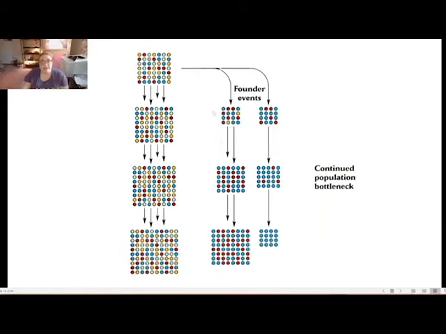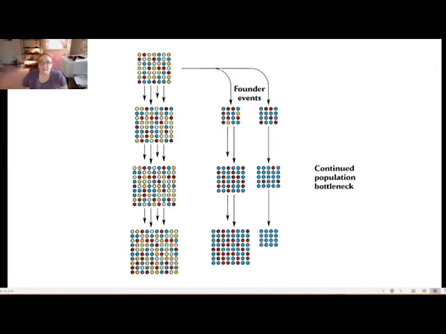Now that's not saying this is the only way this can happen. When these guys leave, let's say by chance all of the red individuals had left, then the original population would have lost all of their red individuals, and they would have lost some genetic diversity as well. So it doesn't necessarily mean the original population is fine. It can cause issues there as well.